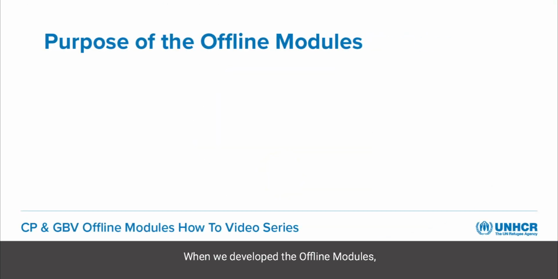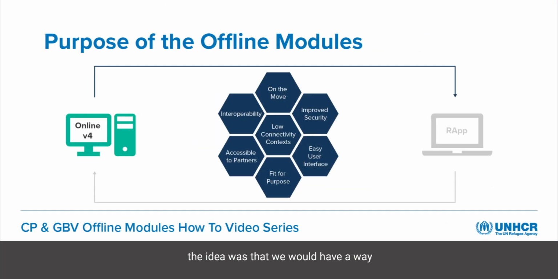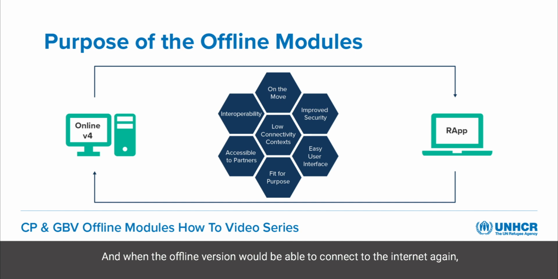When we developed the offline modules, the idea is that we would have a way to take the information that we have entered online in the online version of proGres V4, and it would be stored and update an offline version into which data entry could be done. And then when the offline version would be able to connect to the internet again, it would then be able to update the online version of V4.